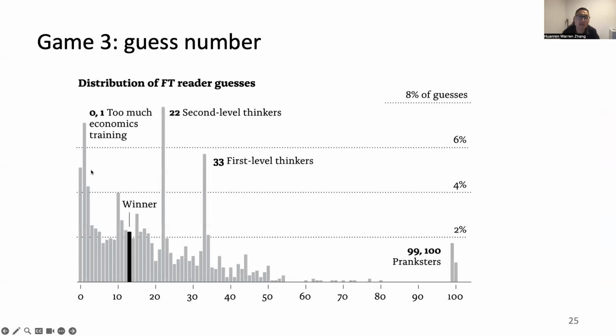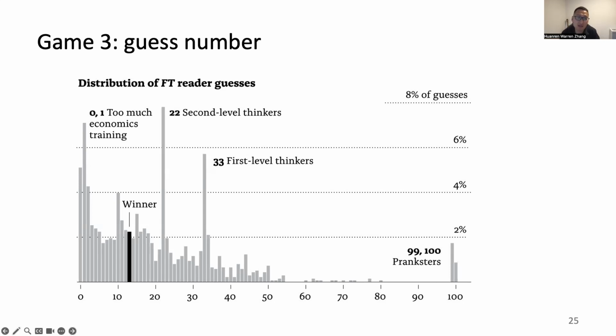Let's look at the distribution of guesses from another large-scale study, which is a game among Financial Times readers, right? The Financial Times magazine actually sent out this invitation to the readers to provide guesses, and the winner would win a very luxurious European vacation. This actually ran in the United States.